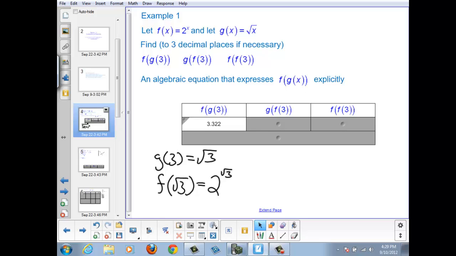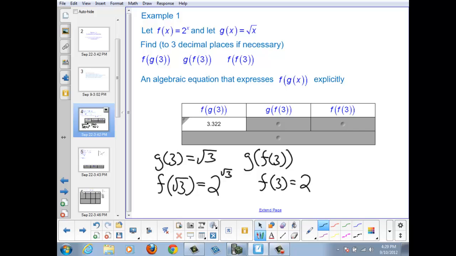There it is. Now, we're trying to find g of f of 3. Then we plug 3 into f first. So we first find f of 3, which would be 2 to the third power, which is 8. And then we take that answer and find g of 8.